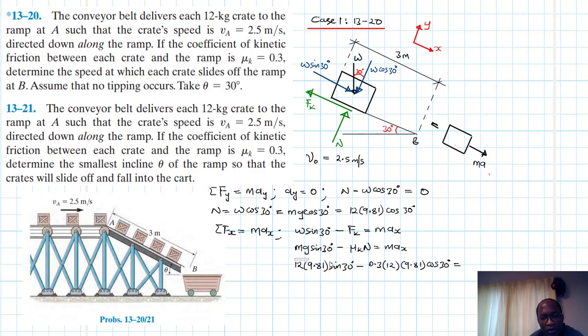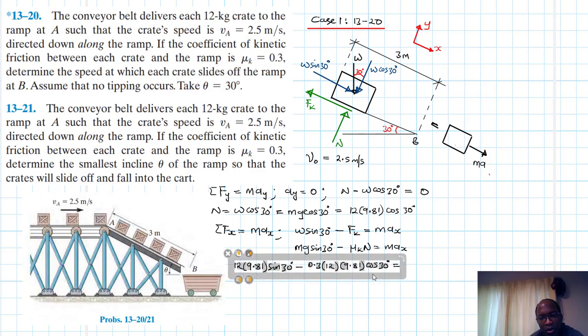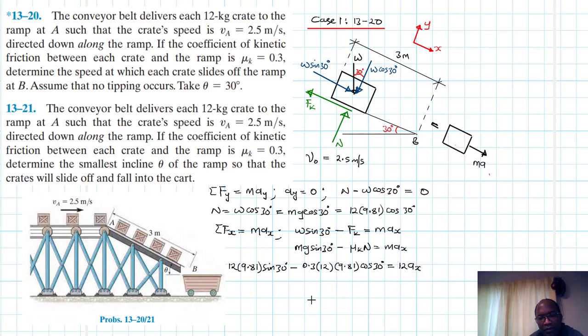let me move this, it's becoming a little bit long. I take it this side, equals m, and our m is just 12, times ax. Therefore our ax is going to be equal to 12 times 9.81 sine 30 minus mu k, which is the kinetic friction, 0.3 by 12 by 9.81 cos 30.